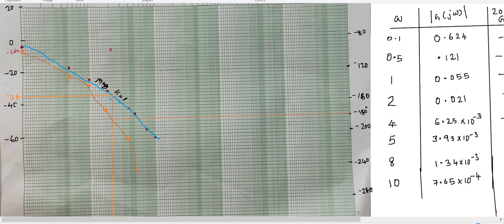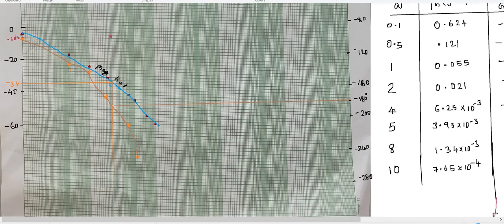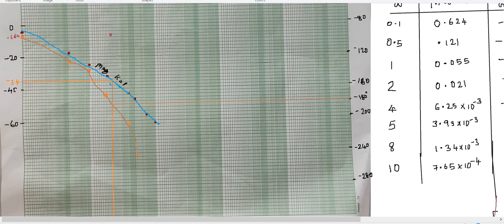So how will you get that? At omega pc, first we have to find the gain margin when k is equal to 1. The gain at omega pc is minus 34, hence the gain margin is plus 34 dB. Now we have to make it plus 6 dB. The gain margin will be plus 6 dB when at omega pc, at 2.1 radian per second, the magnitude value is minus 6 dB.